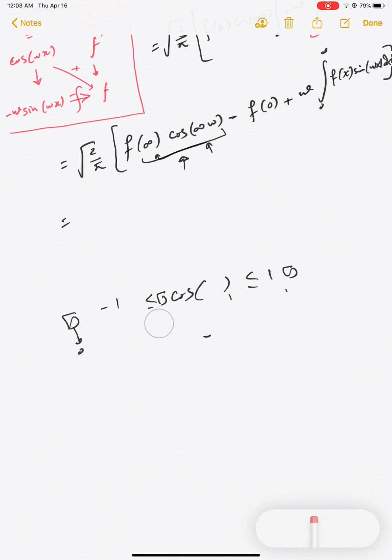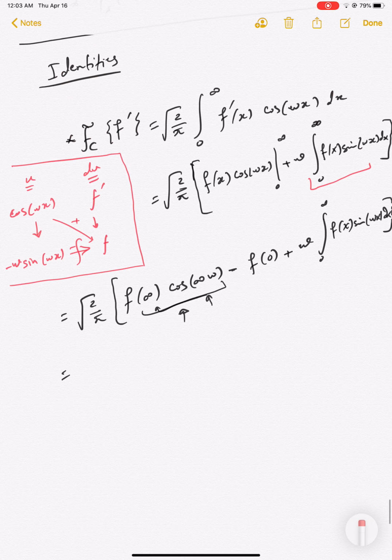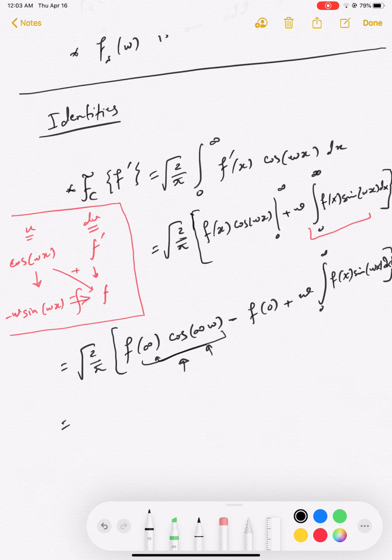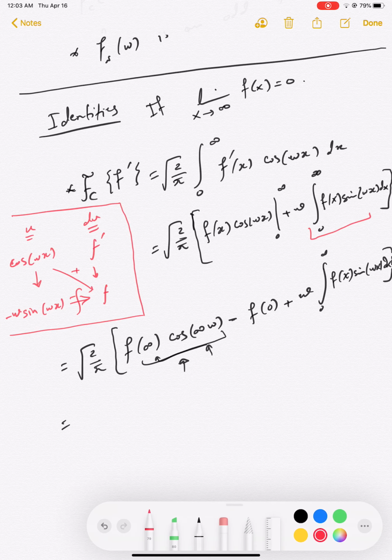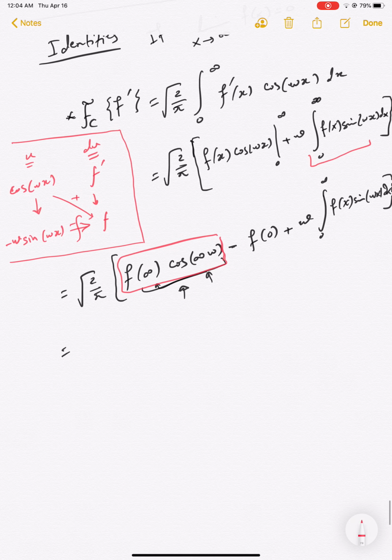So at this stage, we say, okay, for my integral to be valid, to exist, I must have the limit as x approaches infinity of f of x equals 0. If this limit exists and is equal to 0, then I can say this product here is 0 using the squeeze theorem.